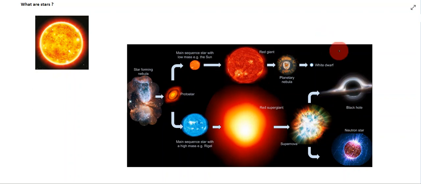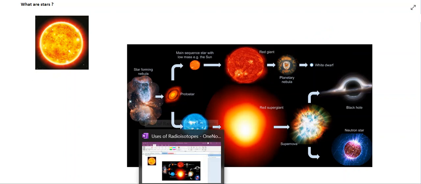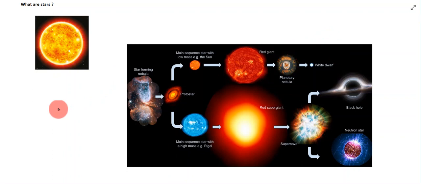So the first thing we want to think about is, what is a star? A star is a luminous object, and we know this when we look in the sky, we can see them because they're luminous. So it gives off light.